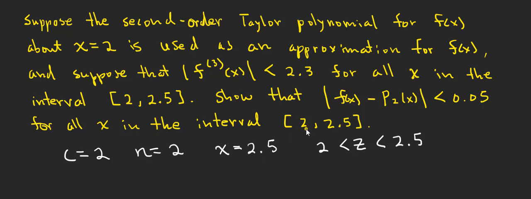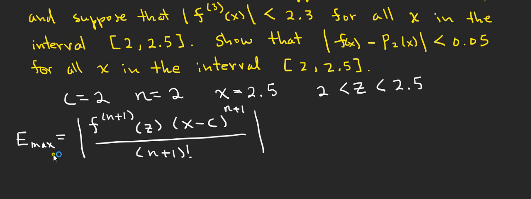It's going from the center to the value of x. So x equals 2.5. And z is any number between 2 and 2.5. This information will be crucial later on when we find the maximum error. So we have a maximum error as the absolute value of this.